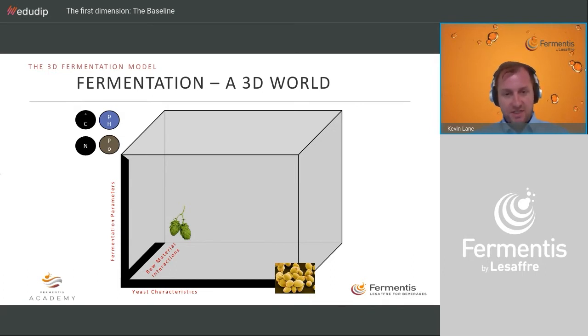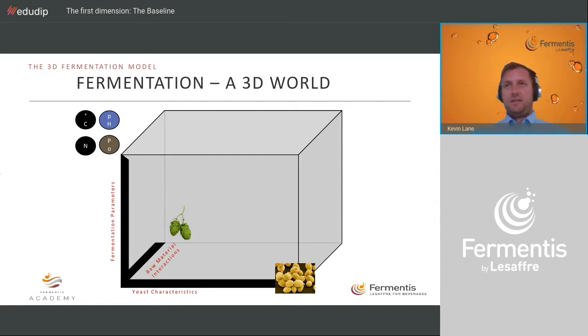And then the third dimension is the yeast interacting with raw materials. So this being the hops or the malts or maybe the water chemistry. This will be covering primarily or mostly the interaction with hops at this point. We've done some interesting studies within Fermentis on the yeast strains and their interaction with hops, not only on a chemical basis, but also on a flavor profile basis.